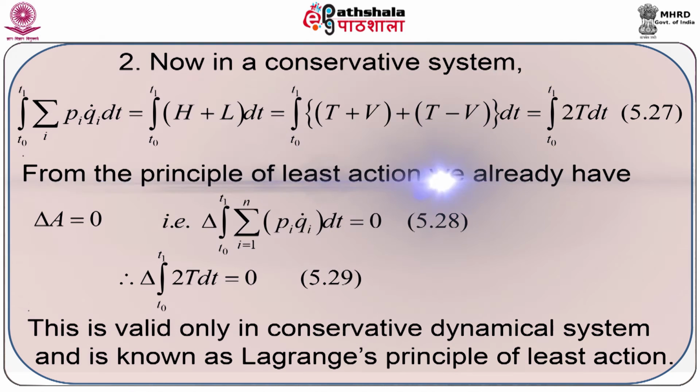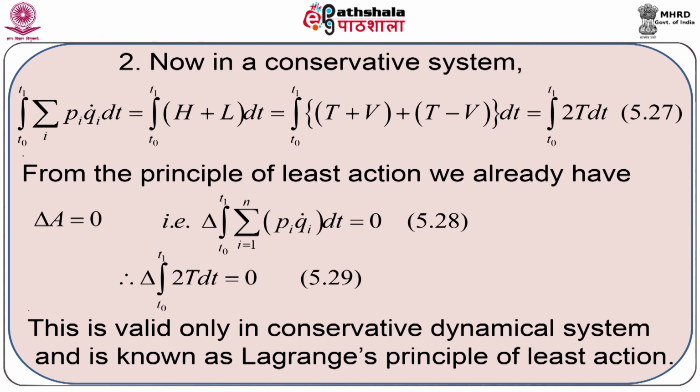From the principle of least action, we already have from equation 5.26 Δ A equal to 0, that is Δ of the integration t0 to t1 of the summation over i equal to 1 to n of pi into qi dot dt equal to 0.